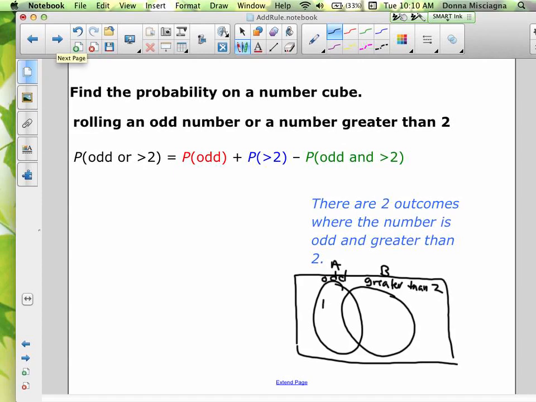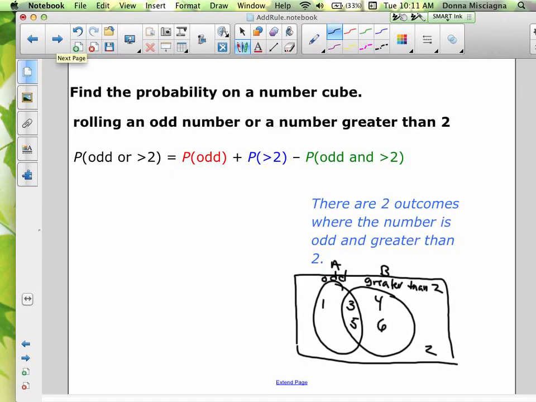How about 2? Outside, yep. It's not odd, and it's not greater than 2. How about 3? Intersection. It's odd and greater than 2. How about 4? Greater than 2. How about 5? How about 6?